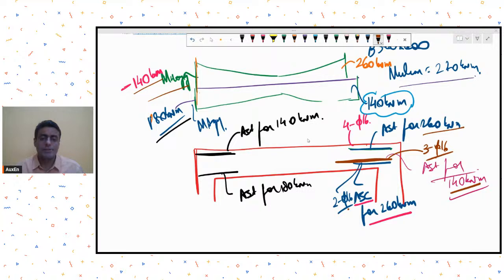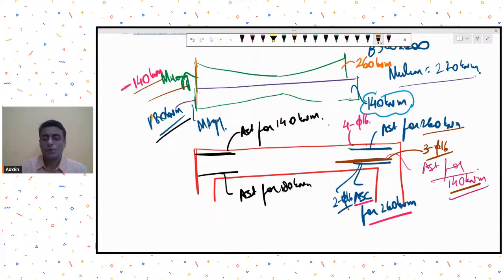My question is, if you have understood what I'm trying to say: I required 2 bars of 16 dia as compression reinforcement for the moment 260 kilonewton meter because it was exceeding the Mu limiting. But for the other moment 140 kilonewton meter, for some other load combination, sagging moment, I require 3 bars of 16. Now both these are bar requirements at the bottom.